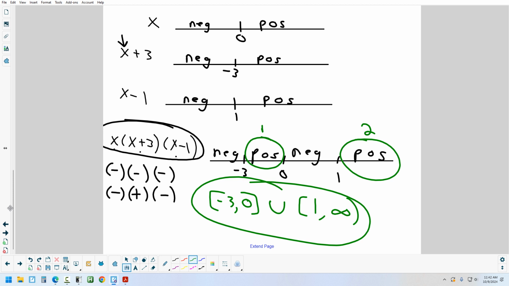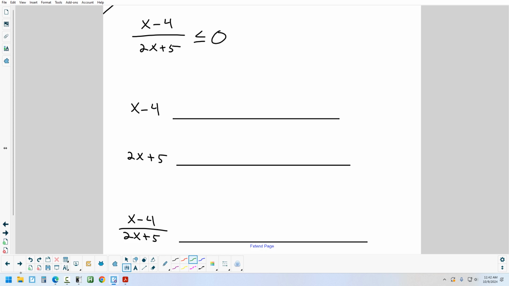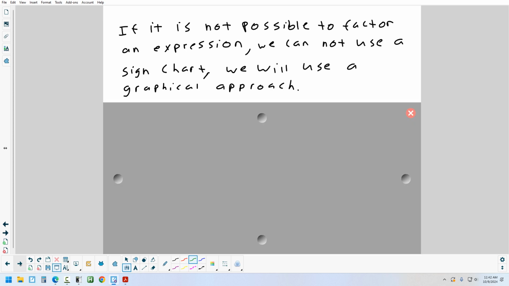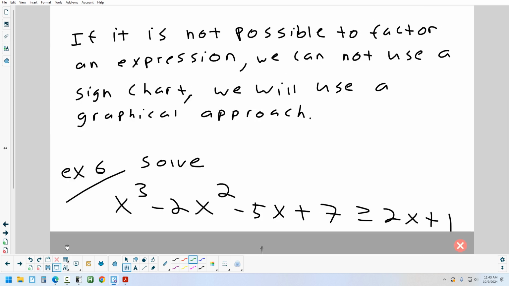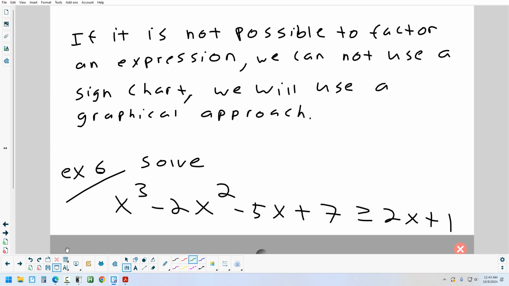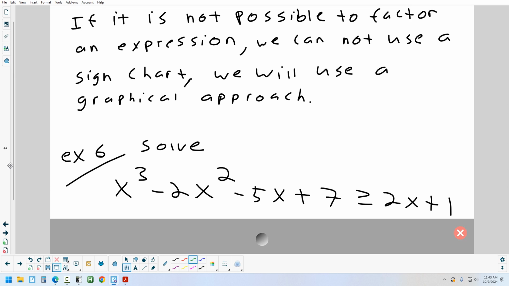Okay, now the sign pattern method, that only works if you can factor it. If you can't factor it, then we'll use the graphing calculator. And the graphing calculator, it's pretty much like we did the rocket problem. It's just finding an intersection. But I'll just go over how to do it.